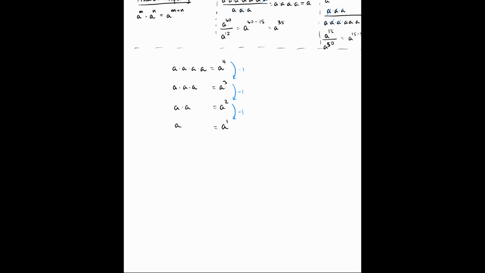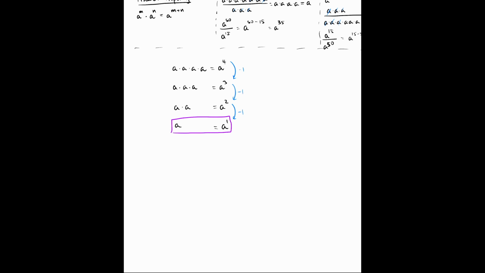Well, that's already something interesting, actually, because now we have a way of writing an exponent for a single a. You see, before, when we wrote a single a, we didn't necessarily know what that meant.